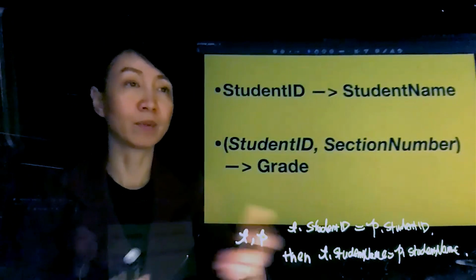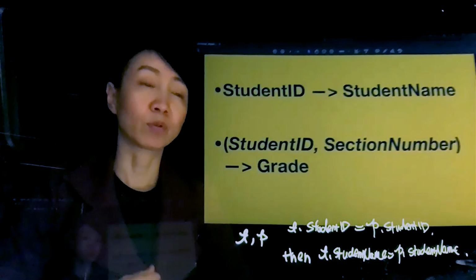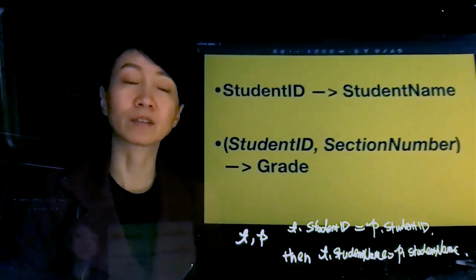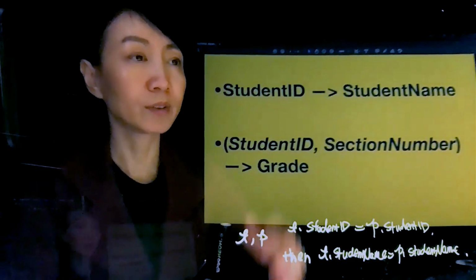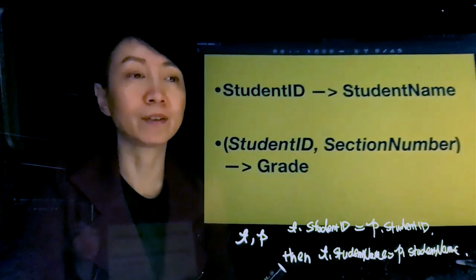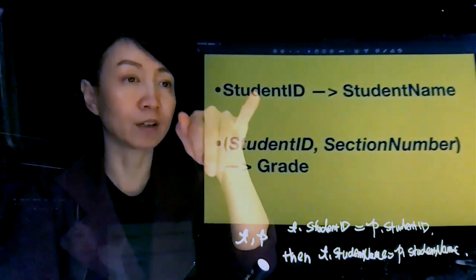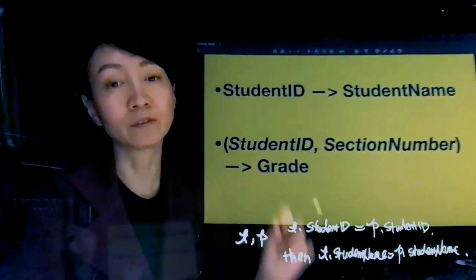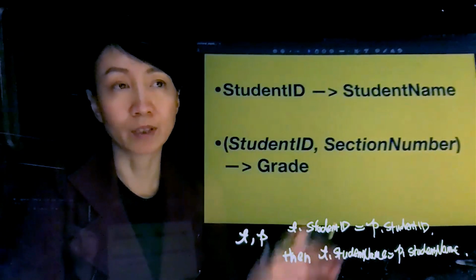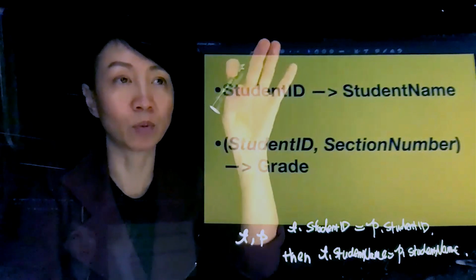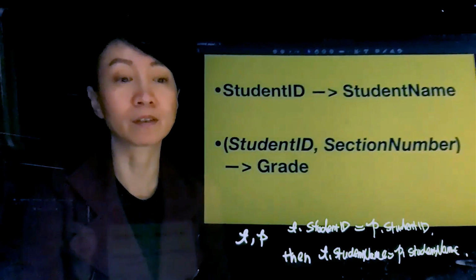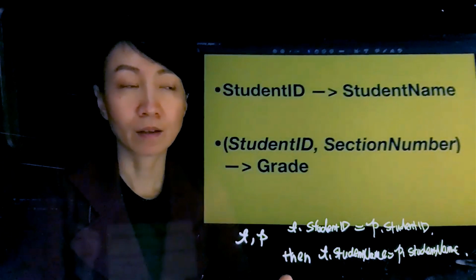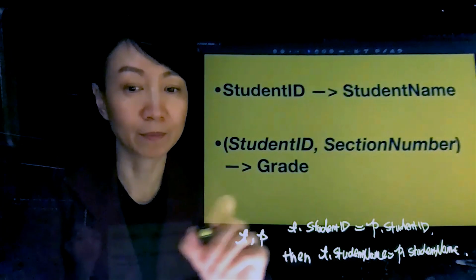So again, the same as the first one: if two students have the same ID, they must have the same name. This is the example of functional dependencies. You also noticed that in the second FD, we have a set of attributes, not just a single attribute like the one in the first functional dependence. We call this determinant a composite.